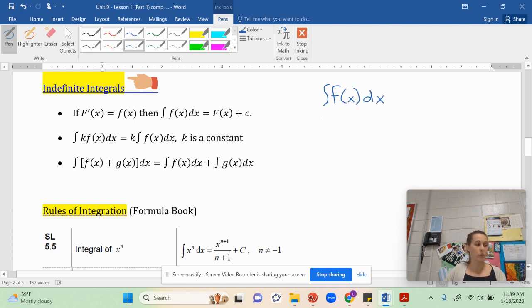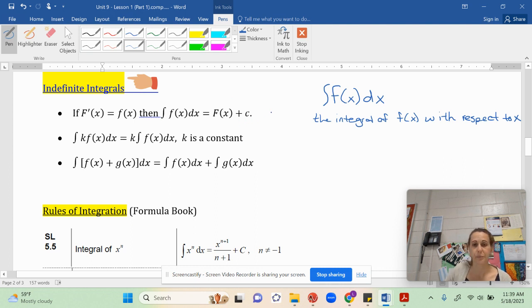If we were to write it out in words, that would be the integral of f of x with respect to x. Or the integral of f of x dx is capital F of x plus c, and we have to have that plus c there.